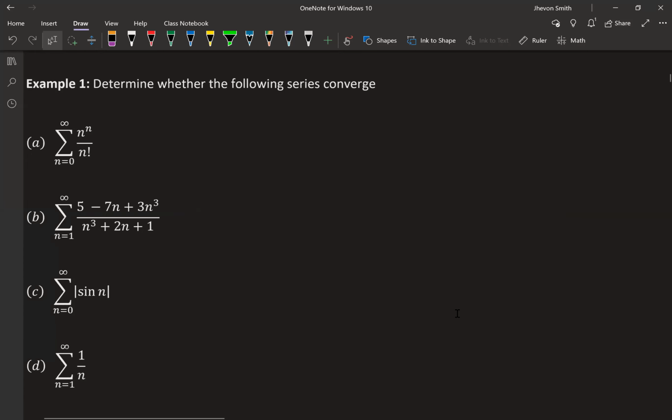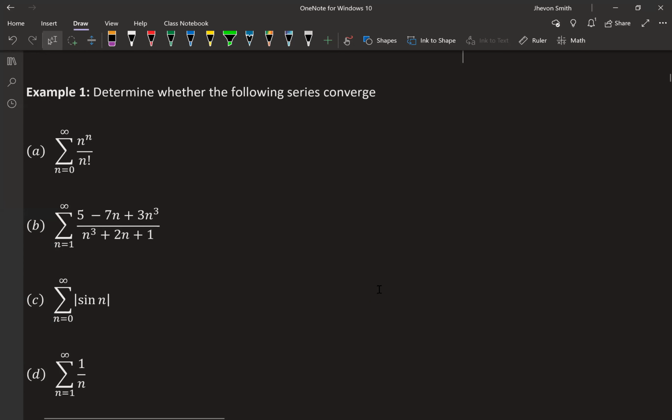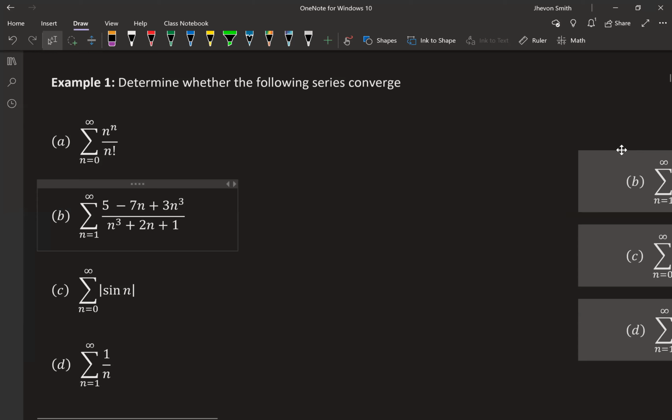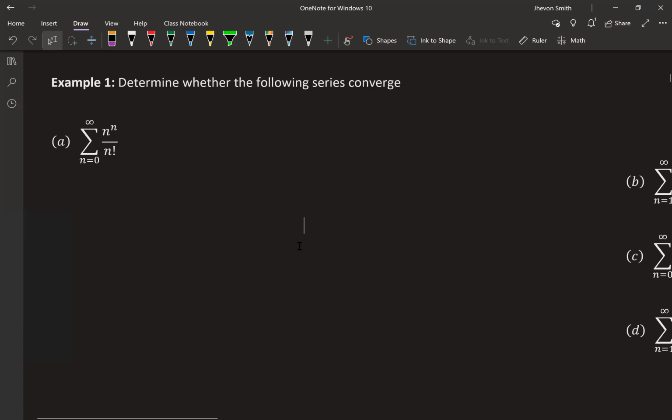So here are a bunch of series, various formulas, probably look quite confusing, but we're going to dissect these based on the test for divergence. Okay, so let's look at the first one. Here's a series, right? So I'm summing up all the terms that look like this.